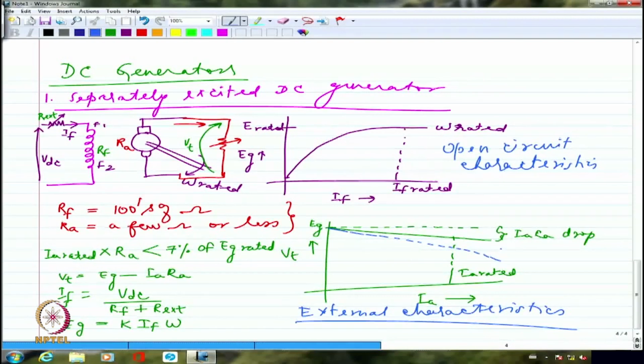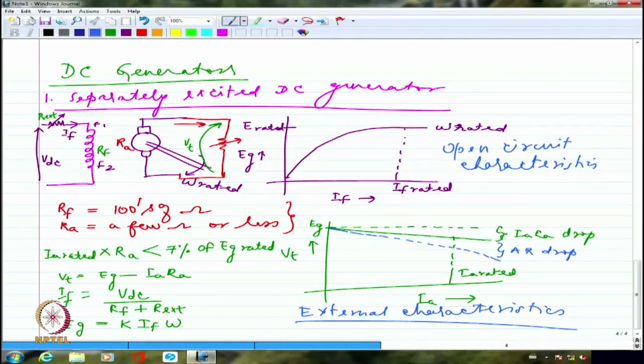We are going to discuss armature reaction in a little greater detail, but I am just trying to say that it is non-linear. This is called the armature reaction drop.